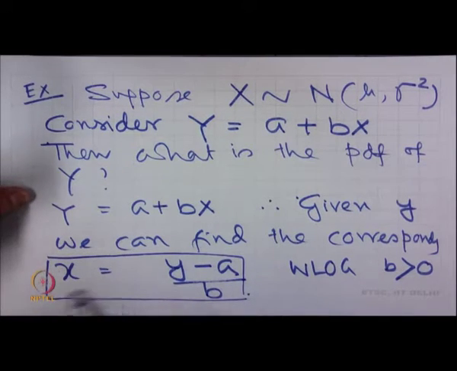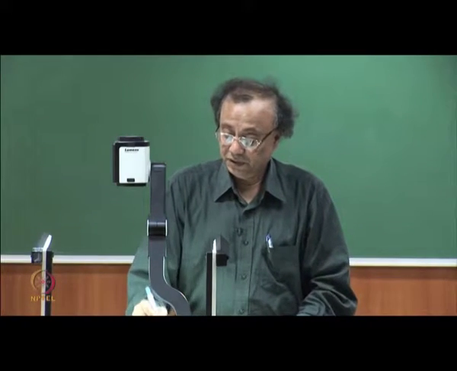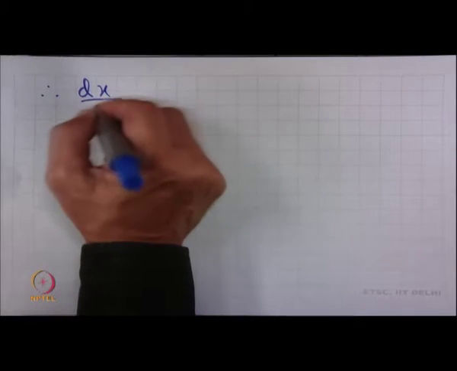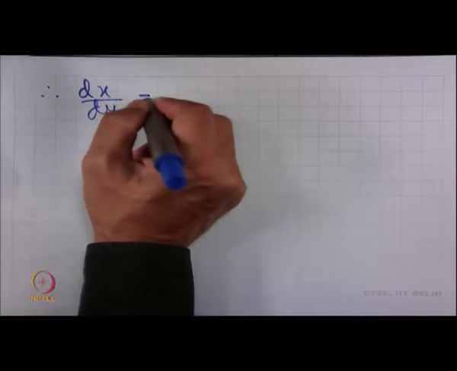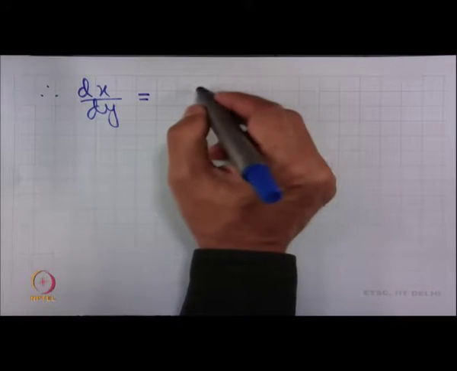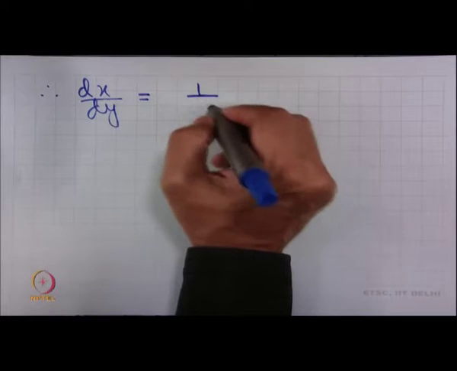Since x is equal to y minus a by b, therefore dx dy is equal to 1 by b.